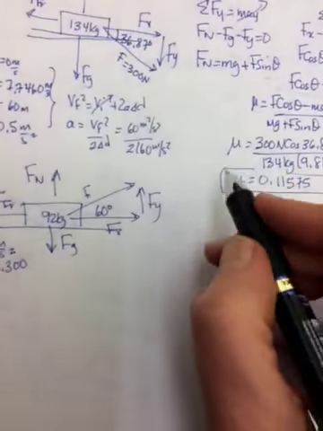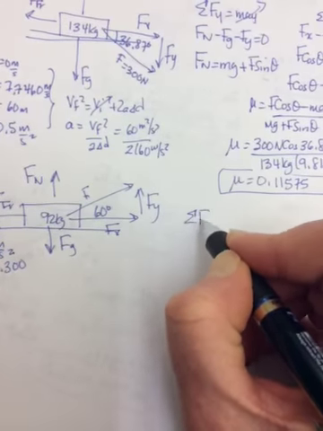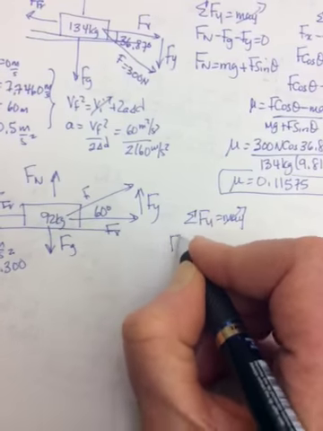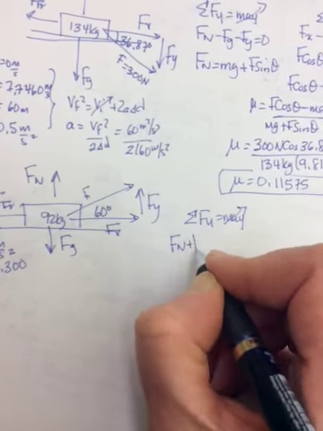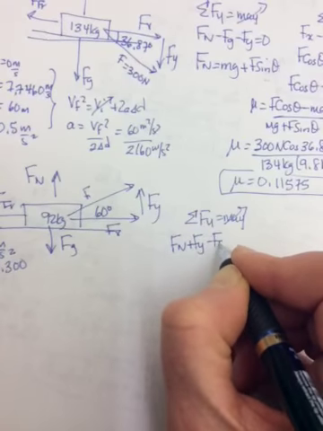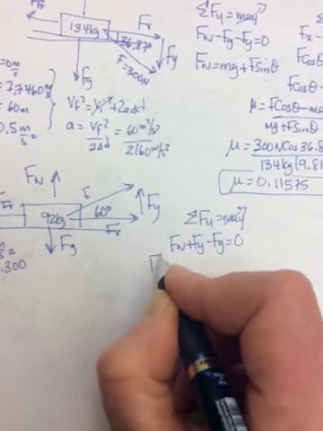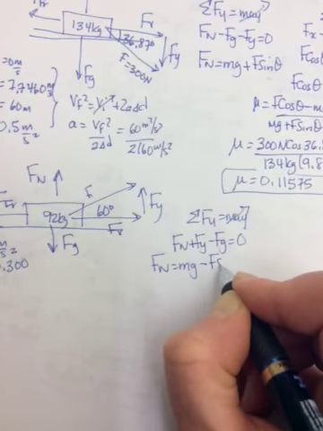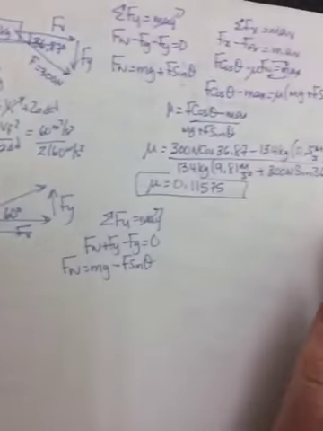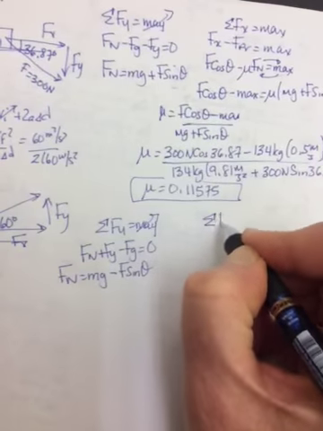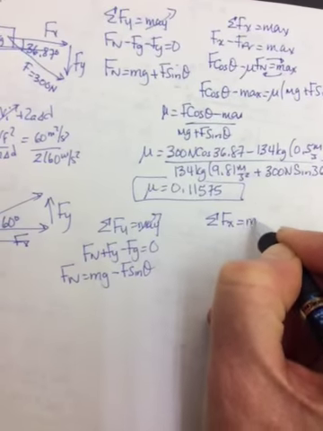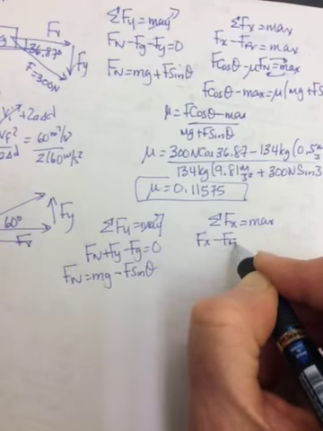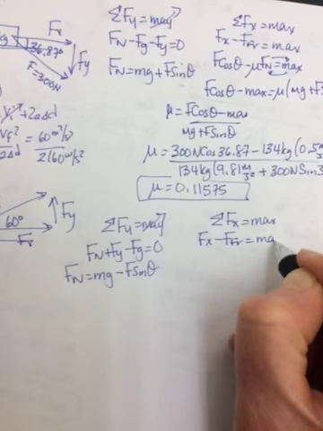It wants to know what force you're pulling with. So again, start with sum of the forces in the y direction will be equal to m a_y, so it'll be Fn plus Fy minus Fg equals 0. So Fn will equal mg minus F sine theta. Go to sum of the forces in the x, and in the x, there's Fx minus friction is equal to m a_x.